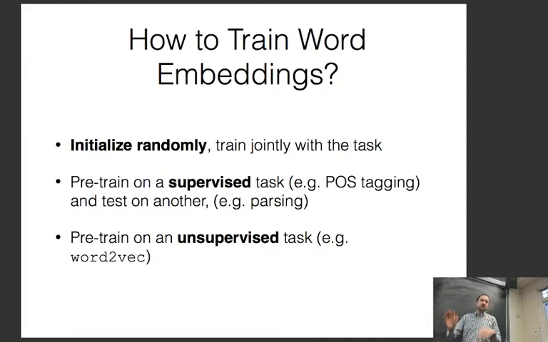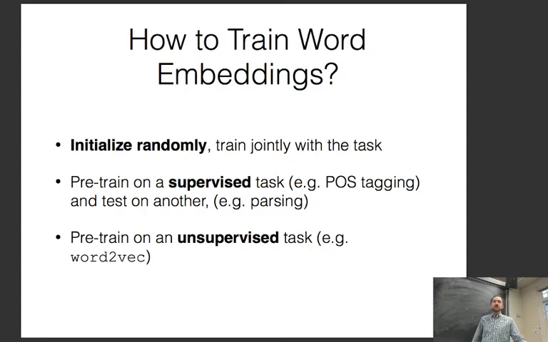So it's basically a trade-off where you can't say in general. There was a nice paper on sentence embeddings, which I'll talk about a little bit later, which showed that despite the fact that you have lots more unsupervised data, by training on a supervised task like natural language inference, you can get better embeddings. So there are definitely cases where if you have lots of supervised data, it can work.